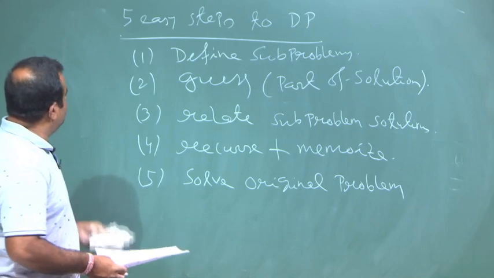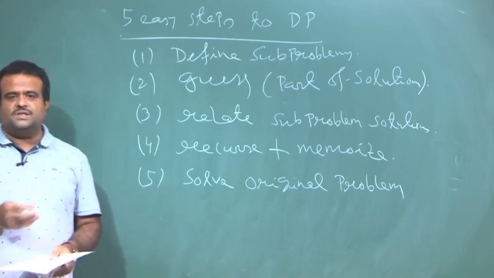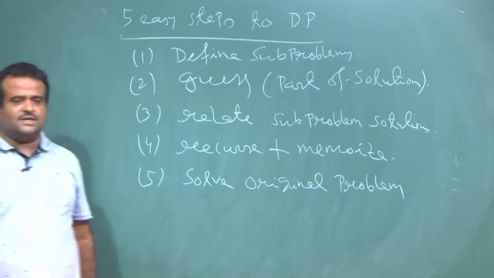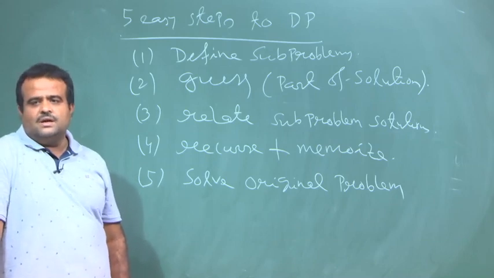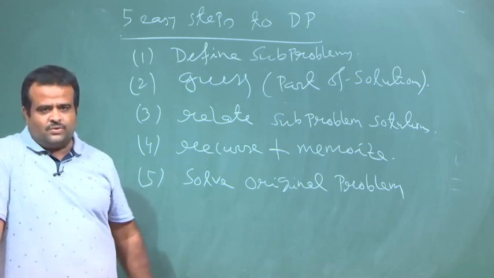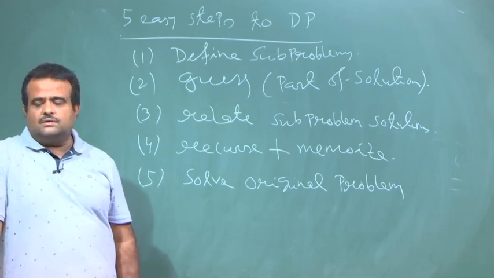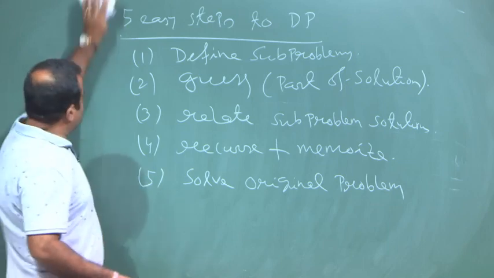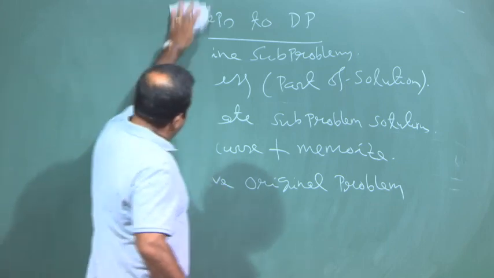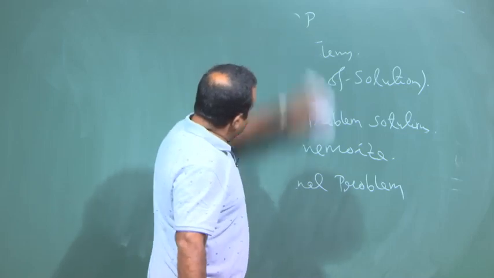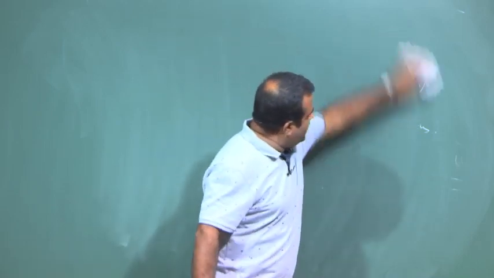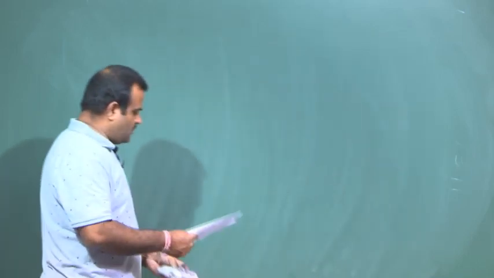Let us take a quick example. We have seen 2 problems in today's lecture and last lecture. One is the Fibonacci number, finding the nth Fibonacci number, and today we talked about the shortest path problem. Let us write what the steps are for these 2 problems.